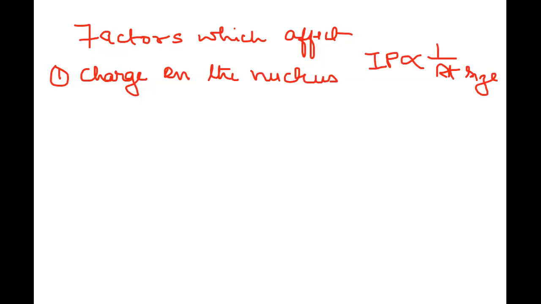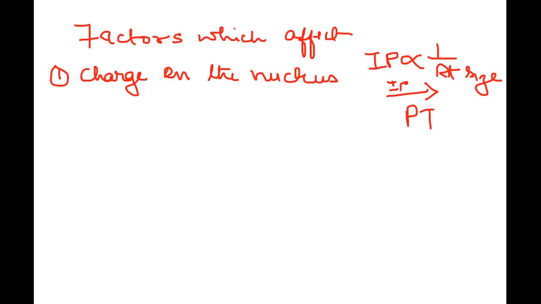When you are going across the periodic table, the atomic size is decreasing, but the ionization potential values will increase because the size is decreasing. Why? Because it becomes more and more difficult to pull out an electron which is there in the valence shell. What happens when you are going down the group?